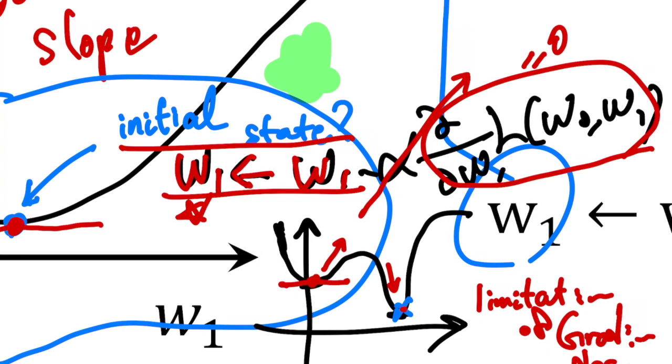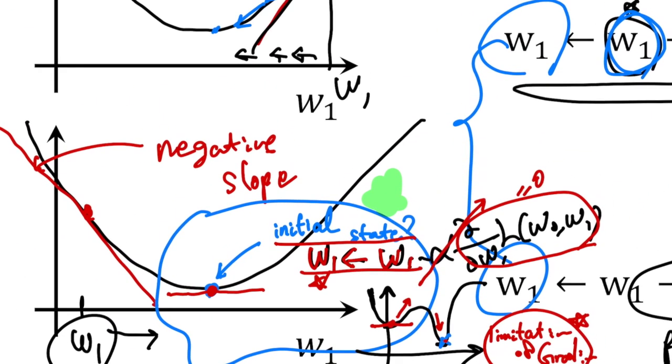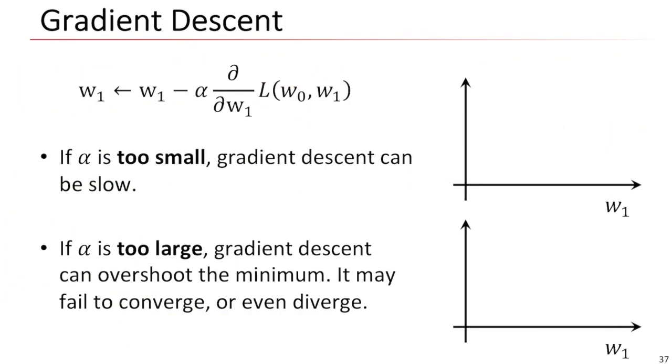Okay. So to solve this problem, there are so many variants of the gradient descent. But in today's lecture, we just think about the original gradient descent. Okay, so this is the gradient descent. One more thing. Let's rethink about one step of gradient descent, something like this, right?